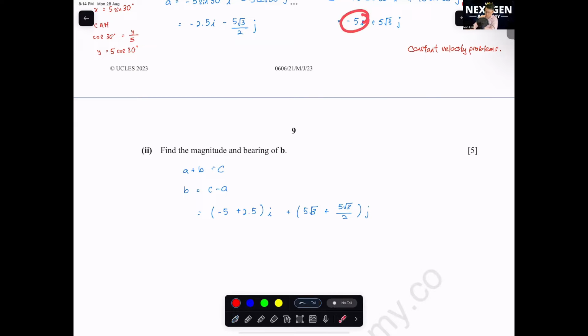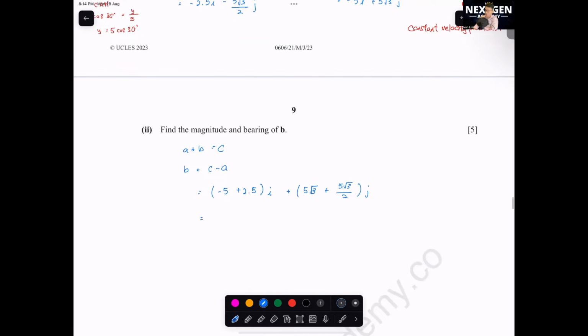I just take this i minus this i, then take this j minus this j. You get minus 2.5 i plus 7.5√3 j.